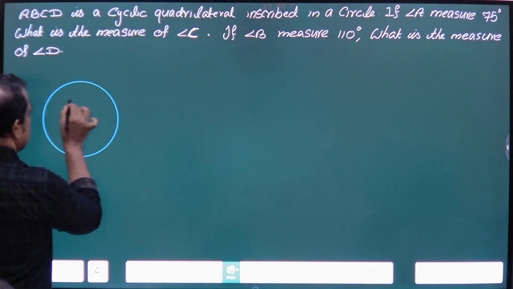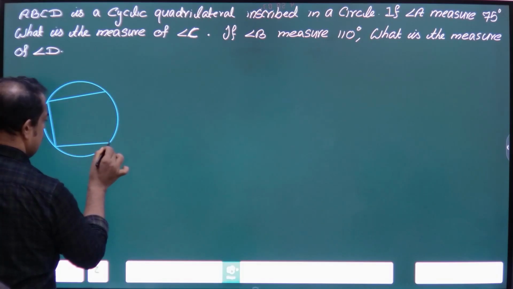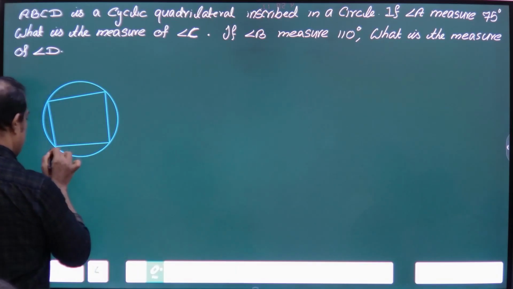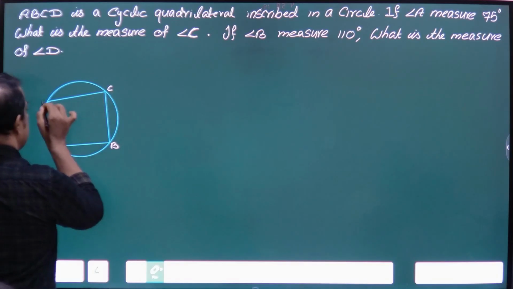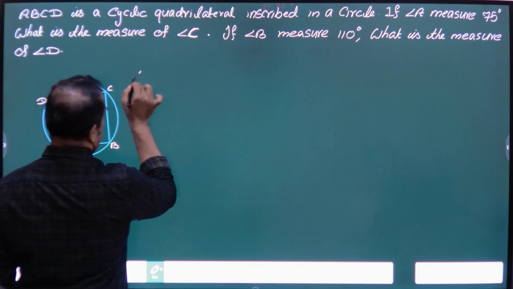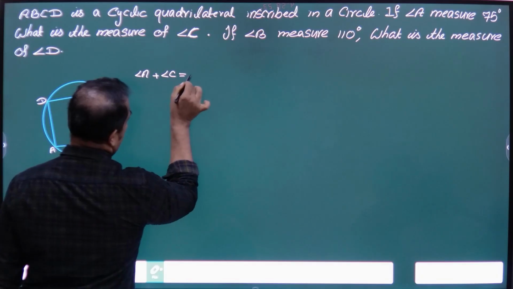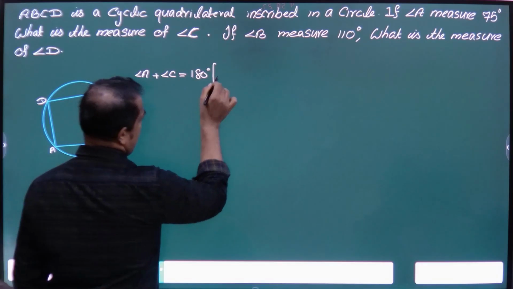A quadrilateral, cyclic quadrilateral is given. A, B, C, D. Angle A plus angle C equal to 180 degree.